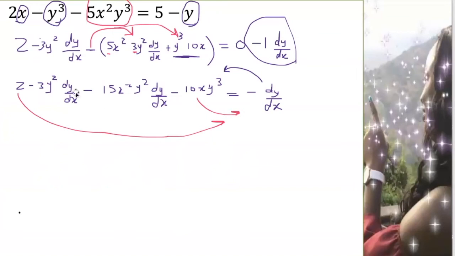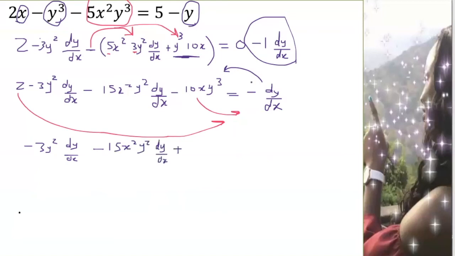So let me go ahead and write the first two first. So minus 3y squared dy over dx, I'm going to write that first. And then I write minus 15x squared y squared dy over dx.